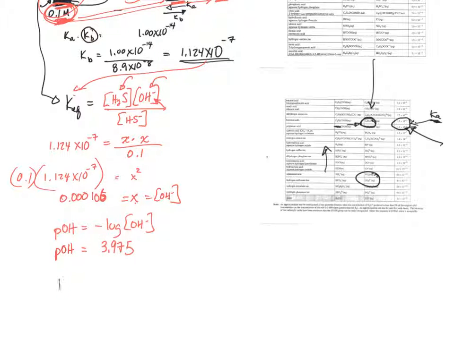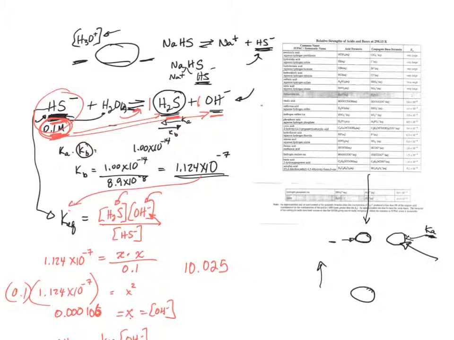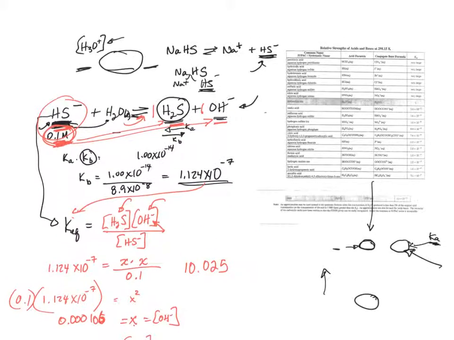So now to find the pH, I'm just going to take 14, subtract that answer, 3.975. Comes out to 10.025. In looking at sig figs, where's my question? Uh-oh, I lost my question.